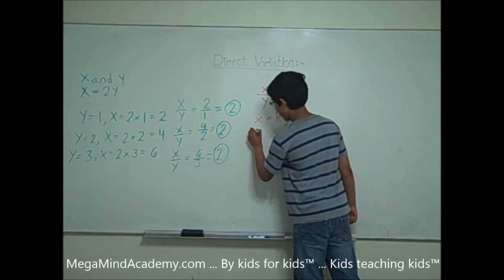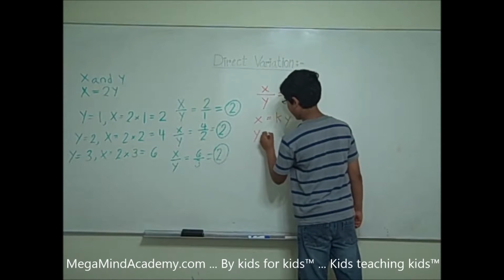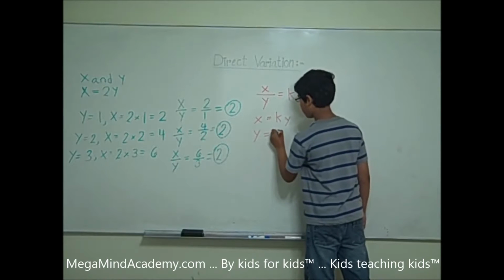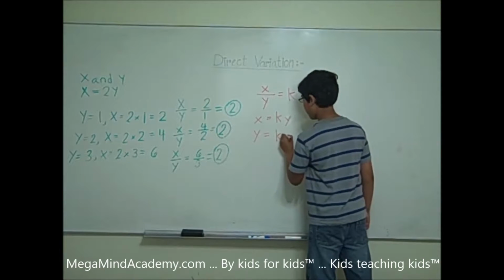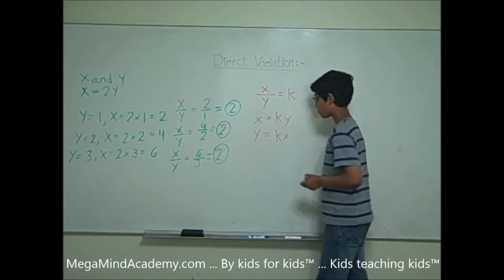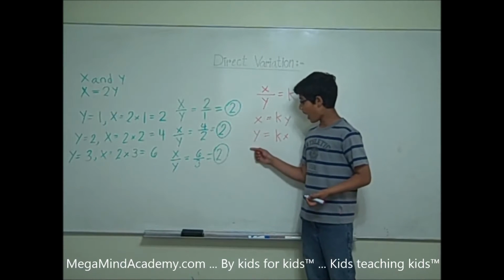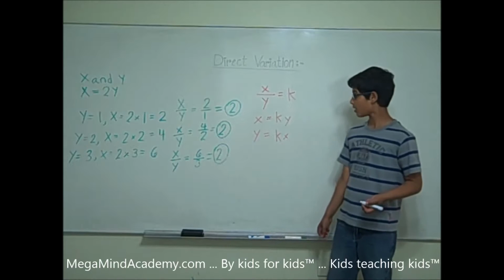If Y varies directly as X, we can say that Y is equal to KX. K is the constant or the rate at which Y changes.